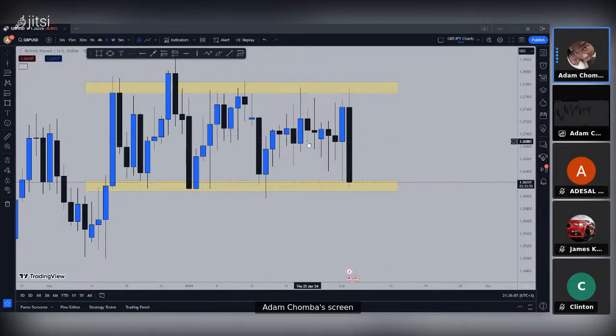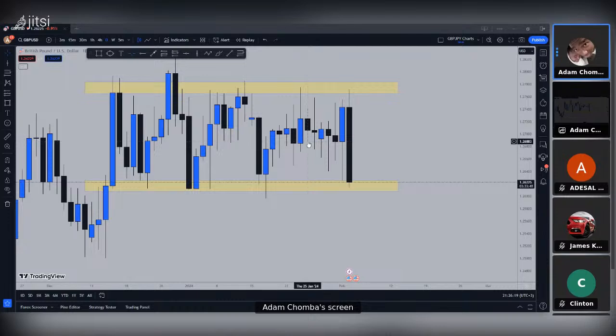You will find that most of the time, if you have big targets, large targets, they're not reached. You'd find the market is only hitting maybe your take profit 1, take profit 2. It's not going for those big moves because you don't have a strong bias.